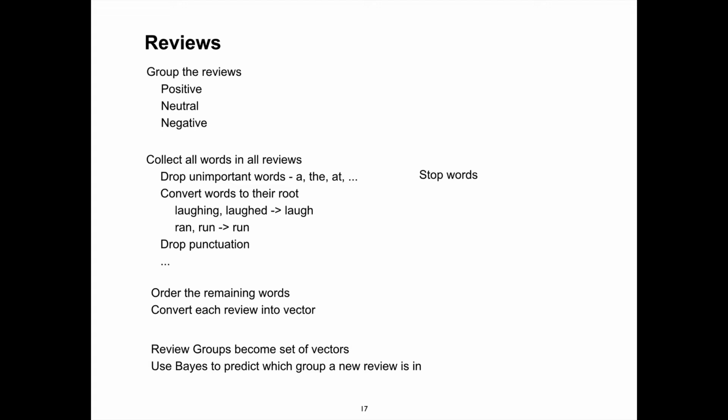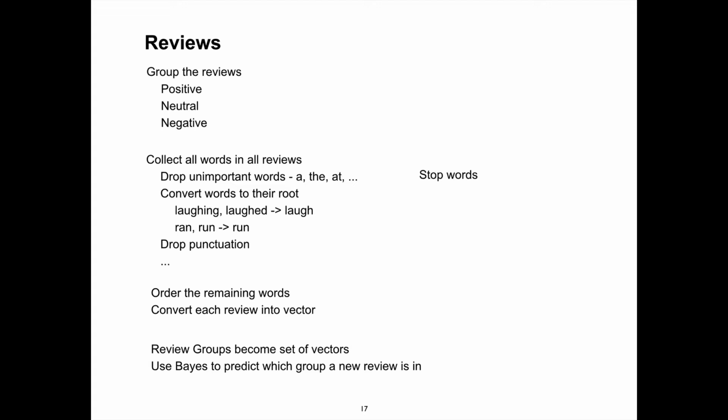Then, each review, I find all the reviews which are positive, and I convert them all into vectors, and that becomes our set of vectors that we use for our data, right? And so we can mark them. Here's our 5,000 positive reviews. Here's our 3,000 negative reviews, and here's our 200 neutral reviews.